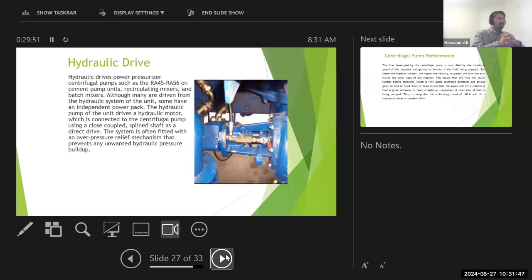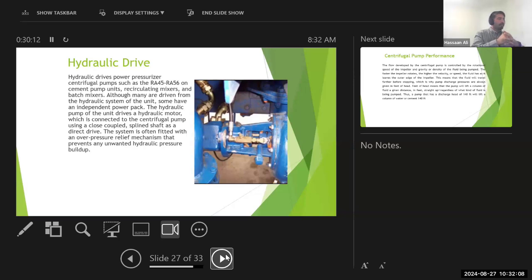It is also used in other industries as well, but one of the things about the hydraulic motor is that it can provide very high torque. So if you are pumping a very thick fluid, a very abrasive fluid with a very high viscosity, hydraulic drives are very common. They are very reliable.